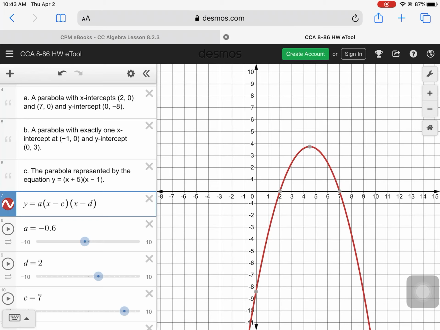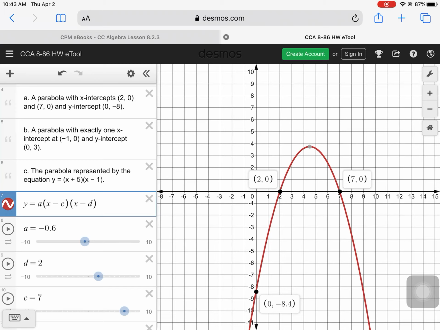So right now I've got these two points in the right spot, and this point is awfully close. I would have to slide that as carefully as I possibly can, but all they want is a sketch.